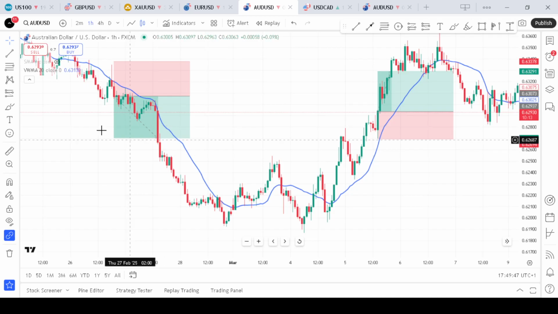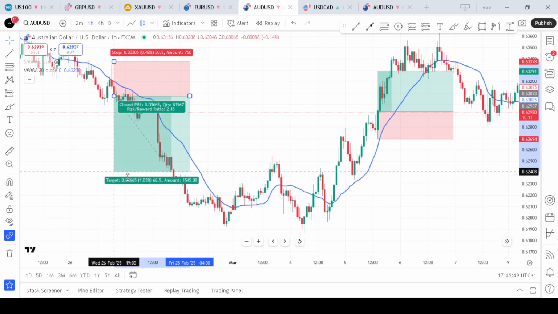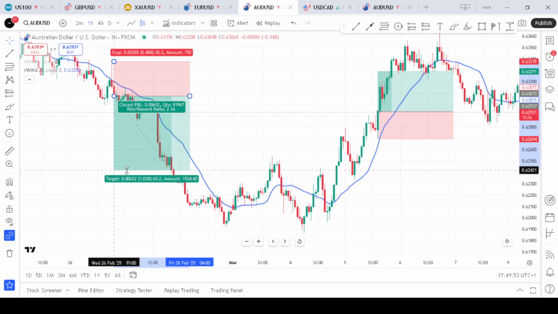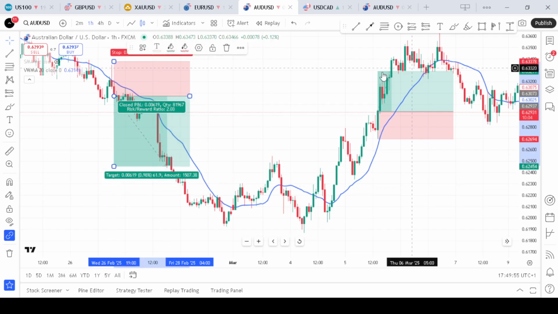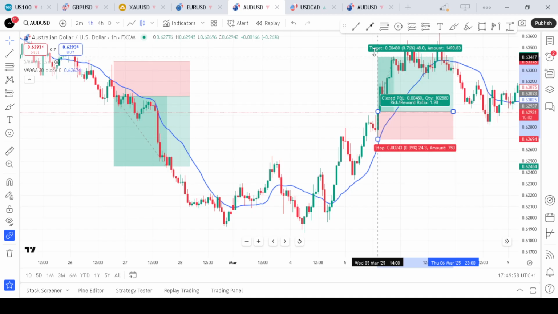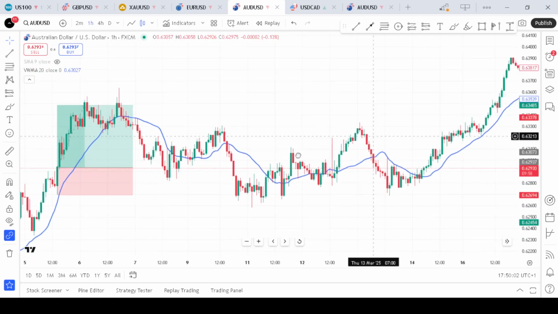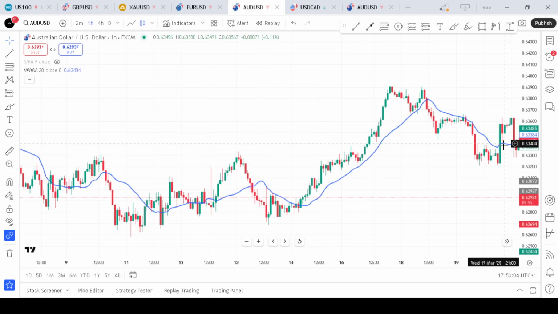For your take profit, you can use a fixed take profit of 1:2 or 1:3 as the case may be. A minimum of 1:2 can be a perfect way to exit your trade. Let's look for another example to better explain the strategy.